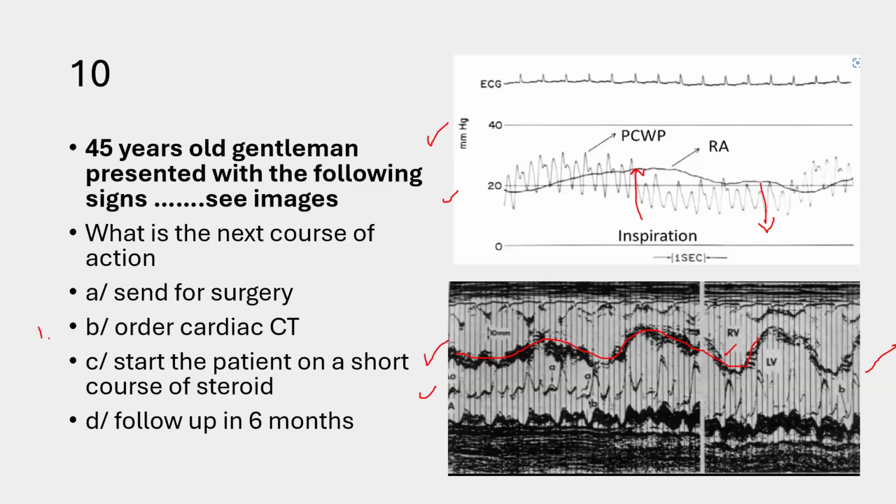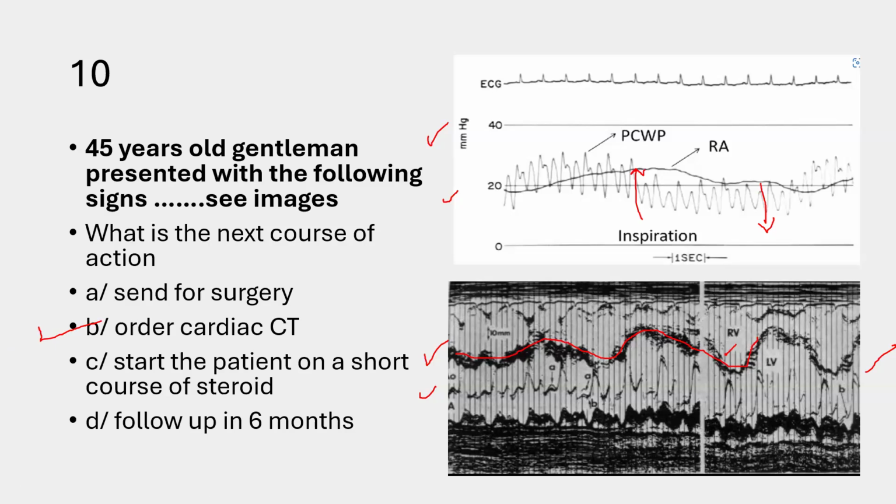I'm going to choose cardiac CT. But why cardiac CT? Because I want to send the patient for surgery. Sending the patient for surgery is the second right answer. But if you have both send for surgery and order cardiac CT, choose order cardiac CT first. Why? Because before we send the patient to surgery, we need to see the state of the pericardium in preparation for pericardial stripping.